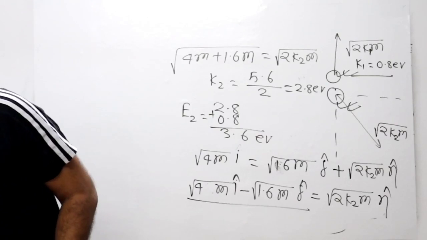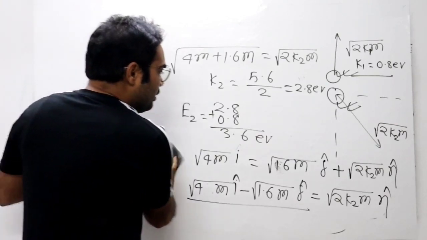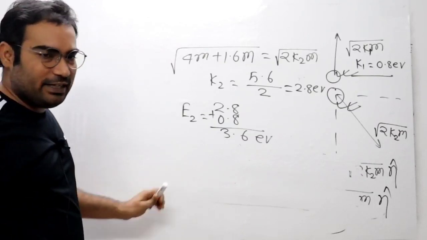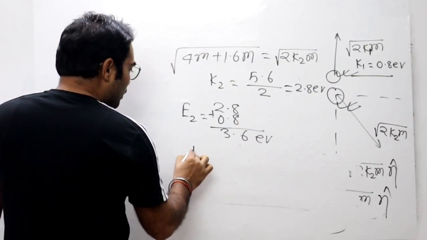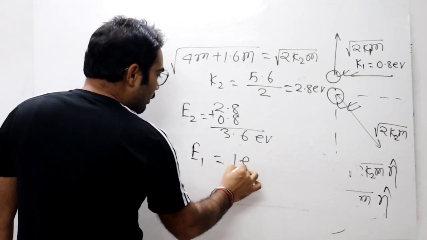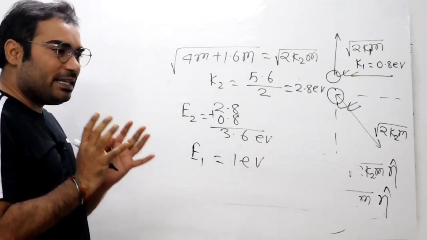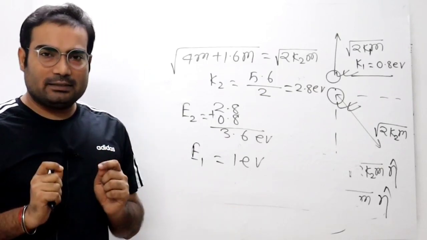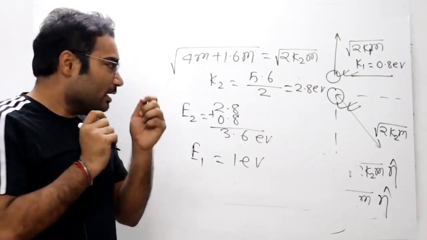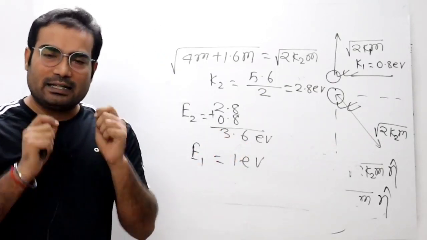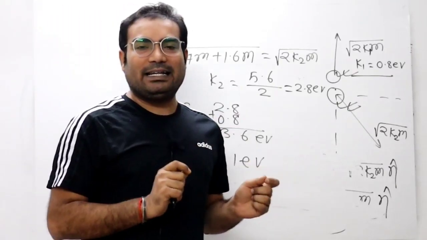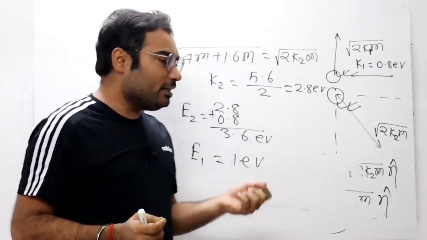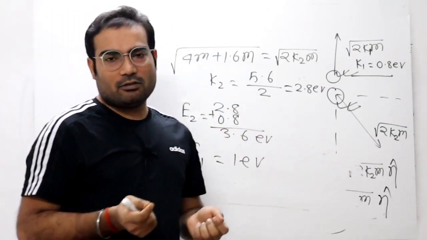The initial energy of the system is 1 electron volt, as given in the question. Initially the system has 1 electron volt of energy, but after dissociation the system has 3.6 electron volt. So you can easily say that 2.6 electron volt of energy is liberated during the dissociation.